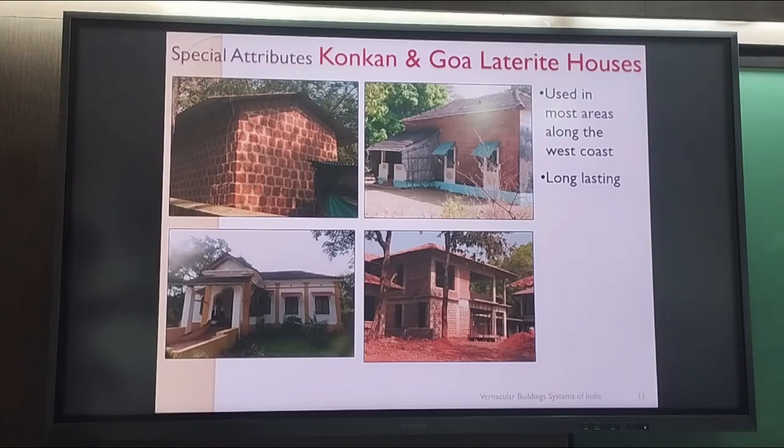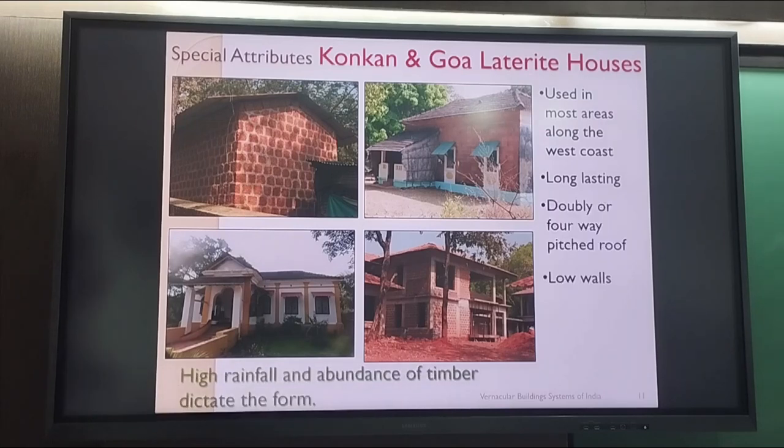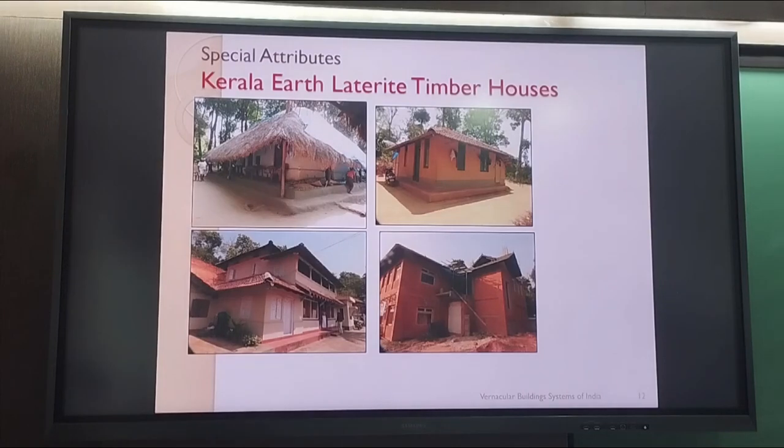You just cut it without any major effort, and once it's taken out, it hardens and becomes like rock. Because of heavy rain, generally there are four-sided roofs, and with that, the walls are low. By and large, they don't have gable walls, though once in a while you do find exceptions. These perform very well in rainy weather.